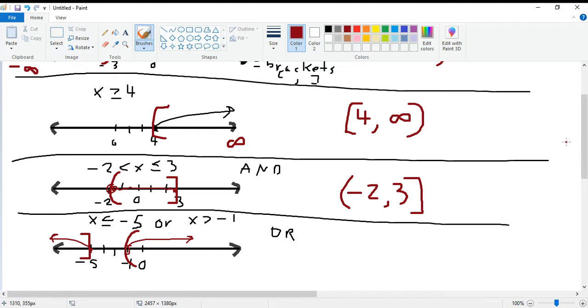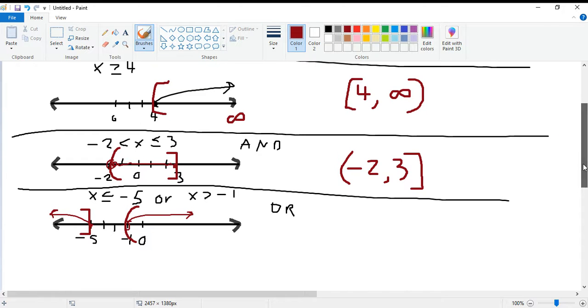And this last one, this OR statement, well, it's shaded on the left all the way until you get to negative infinity. So we're going to write negative infinity, comma, this first piece stops being shaded at negative 5. Put a bracket on your negative 5, infinities always get parentheses.